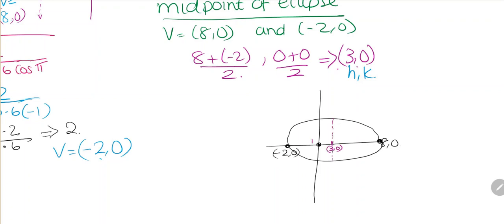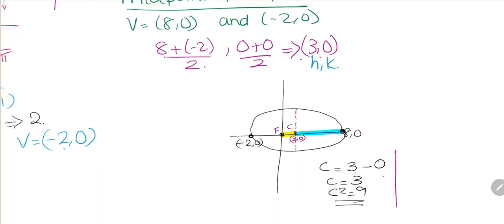This is our focus. We know that the distance from the focus to the midpoint is c. To find c, this is going to be the difference from 3 and 0, so c is 3, and c squared is 9. If we want to find a, this is from the midpoint to the end, so it's the difference between 8 and the x value of 3.